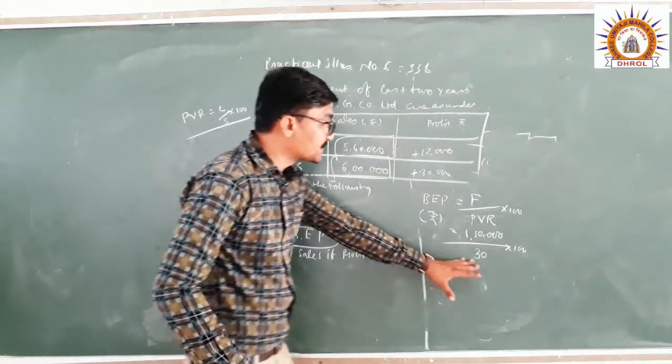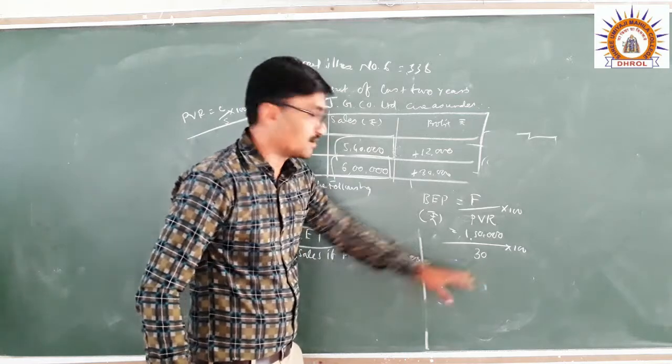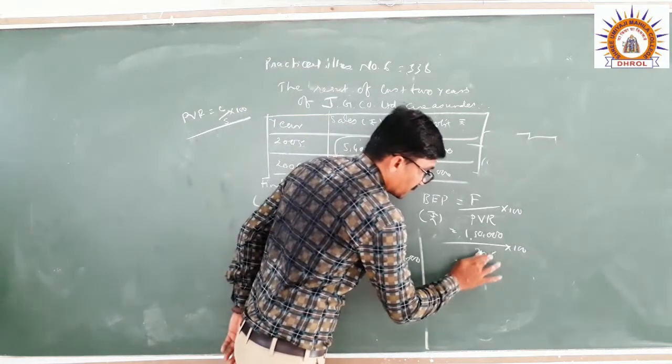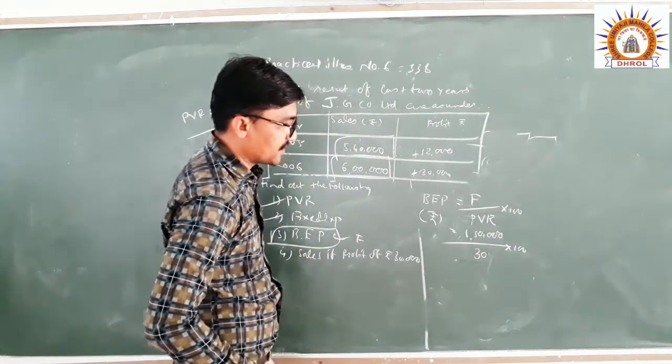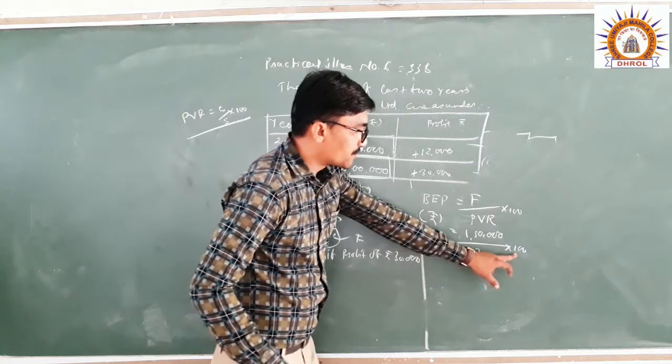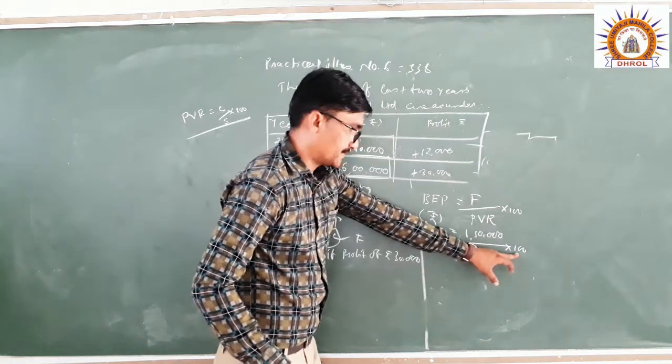So here it is 30 multiplied by 100. Suppose you don't use the percentage symbol, then you should multiply with 100.